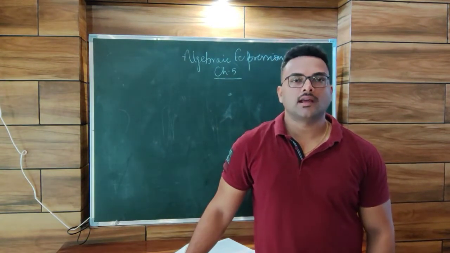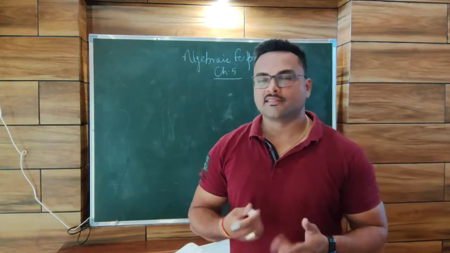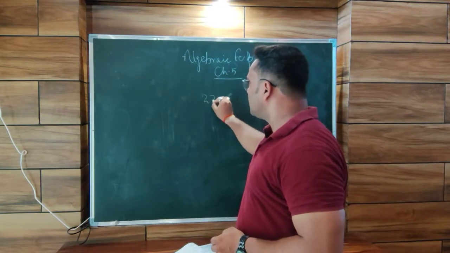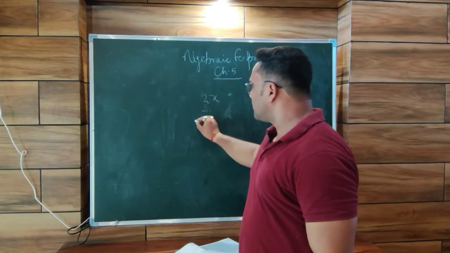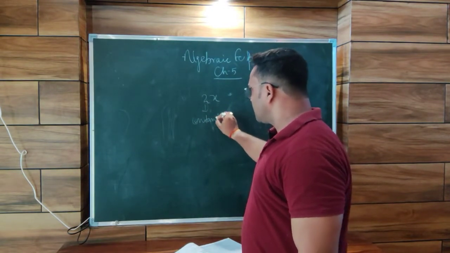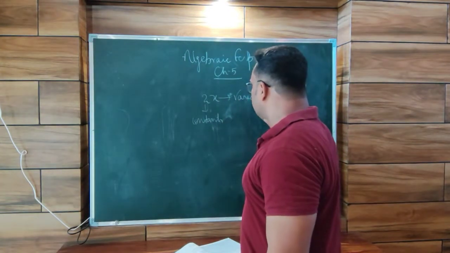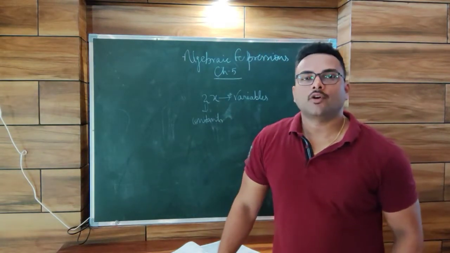So first of all, I want to inform you what algebraic expressions are. It is the combination of a number and a letter. Numbers are called constants and letters are called variables. Why is it called a constant?